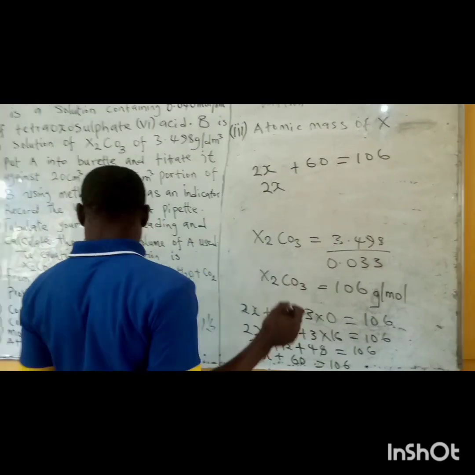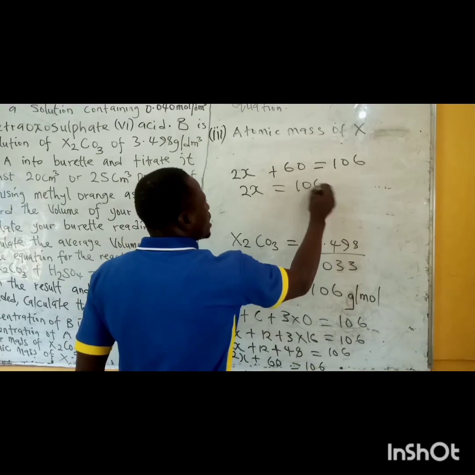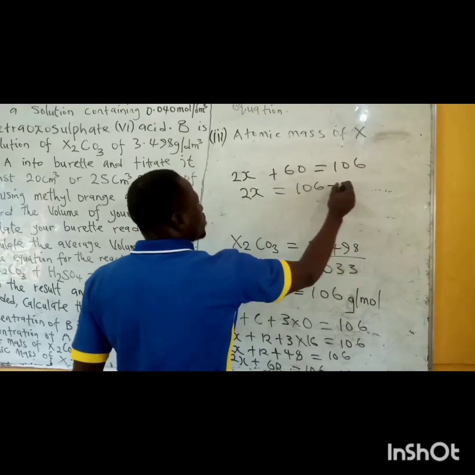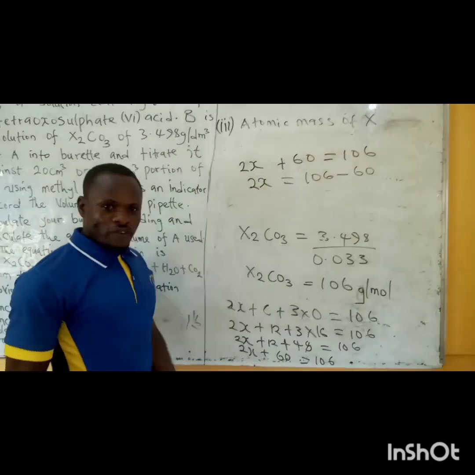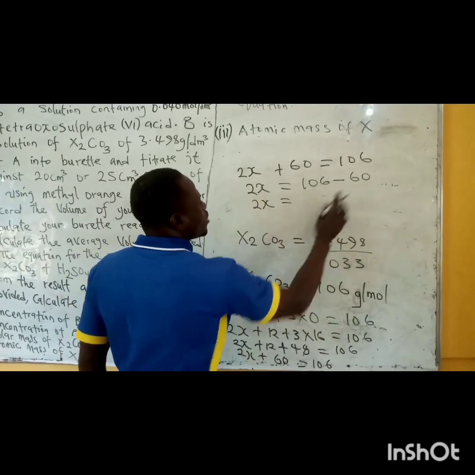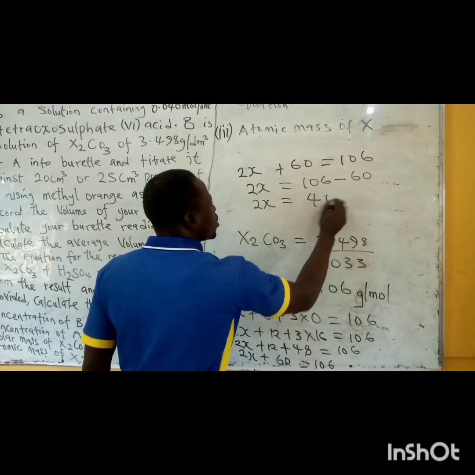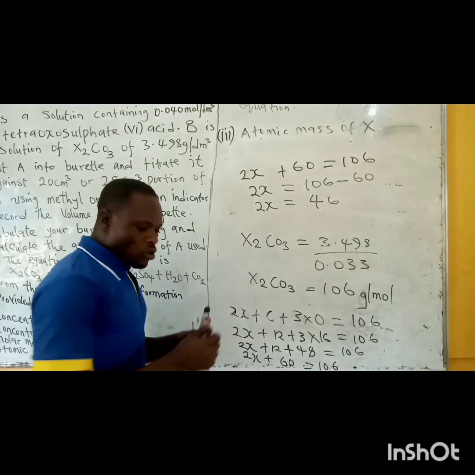So we have 2x plus 60 is equal to 106. Take this 60 to this side because it becomes minus 60. I hope you are following. Then you have 2x is equal to, when you subtract, 46.